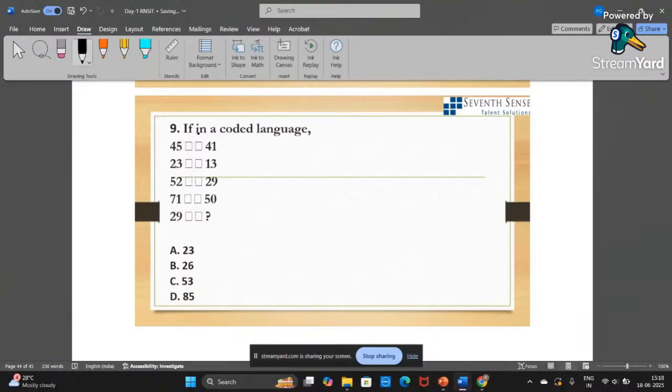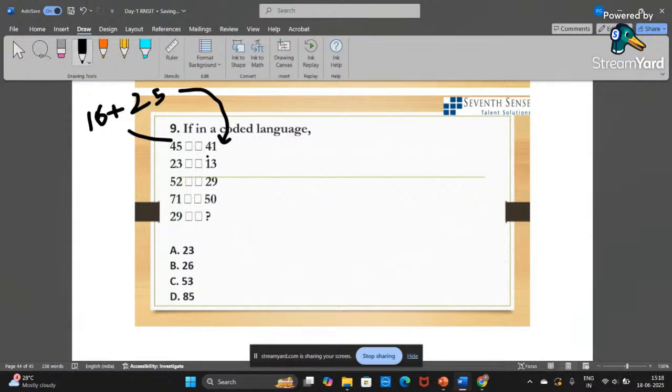Okay, for this, first we need to find the relation. They were given 45 and here they have given 41. First we need to find how they have given it. See, they have squared these. 4 squared is 16. 5 squared is 25. So 16 plus 25 is how much? 41.